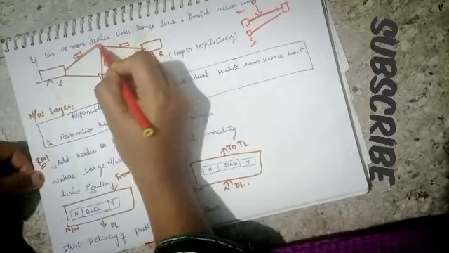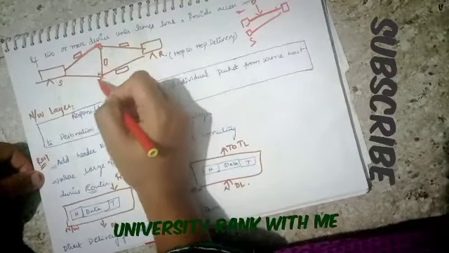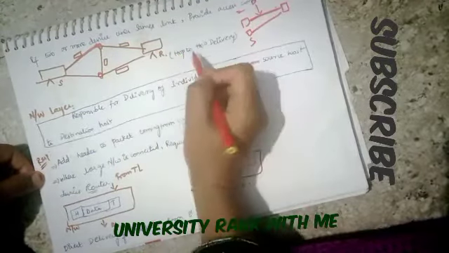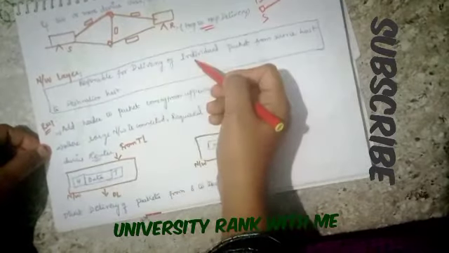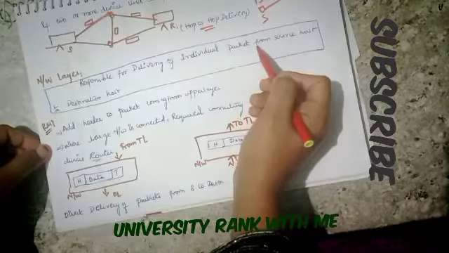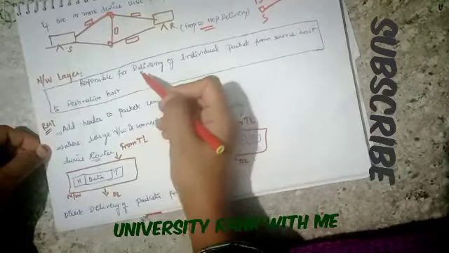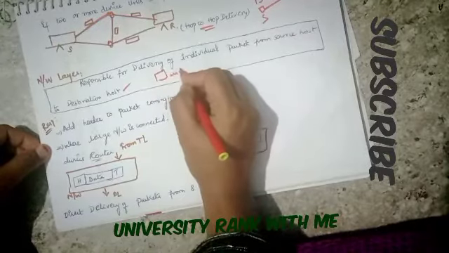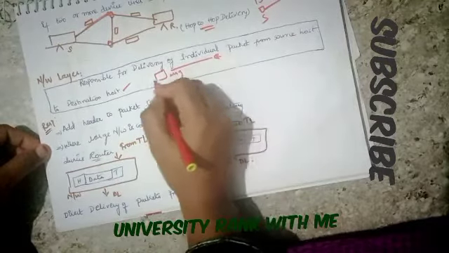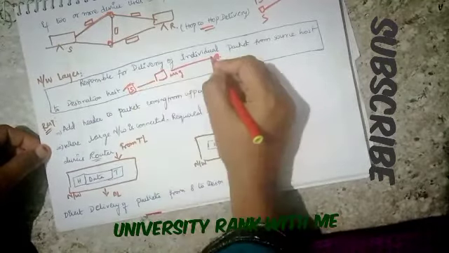There are intermediate nodes, that is hop to hop delivery of packets. Then the network layer is responsible for delivery of individual packets from source host to destination host. It sends the message directly from source to destination, from sender to receiver.